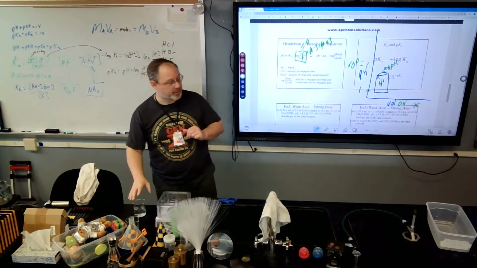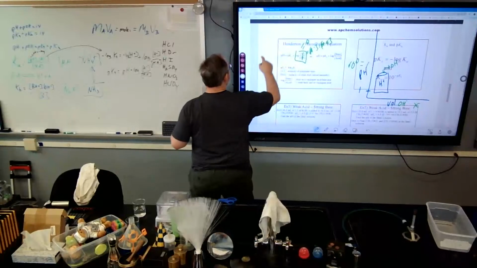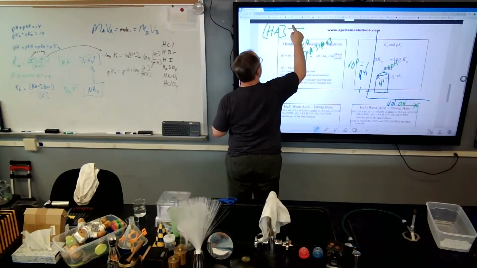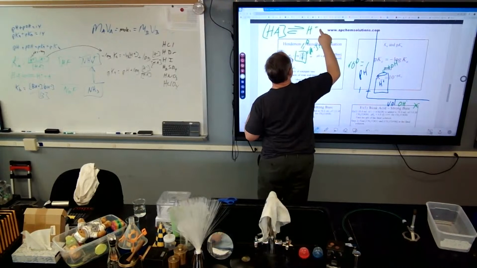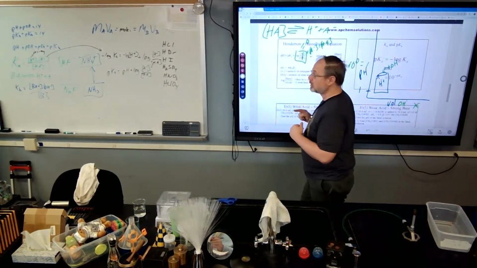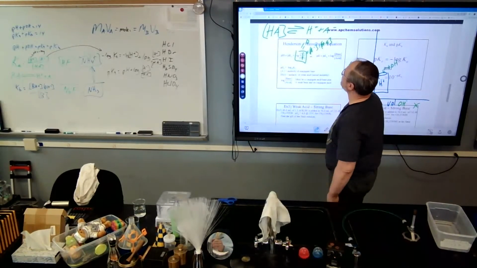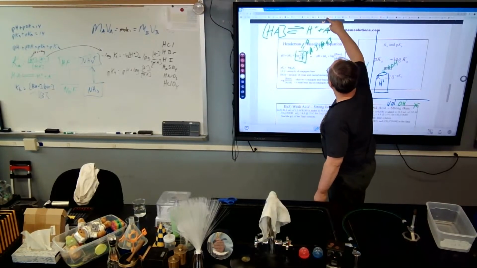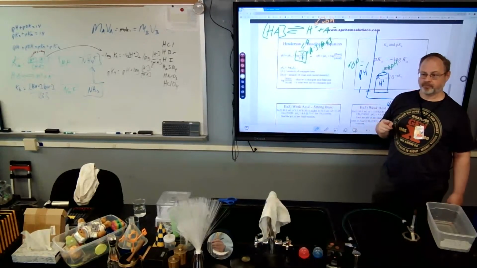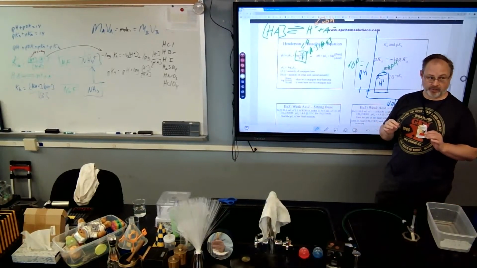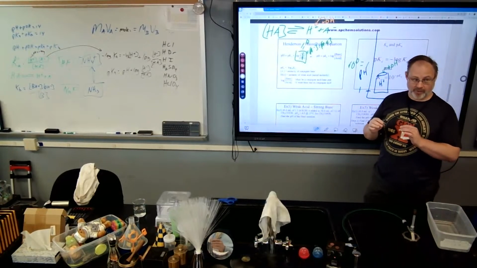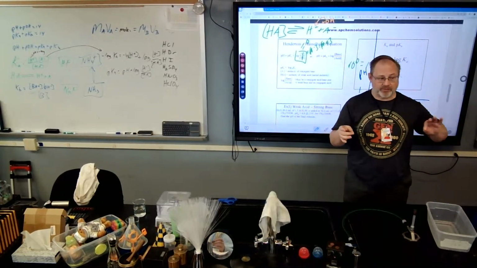Well, this is what's happening. The HA is in equilibrium with H plus and A minus. As you add the hydroxide, it's going to consume a proton. And this is the critical part. As it consumes a proton, the HA releases another one.